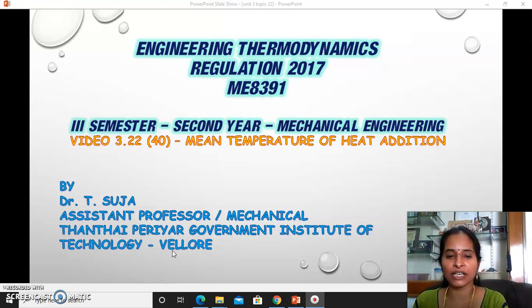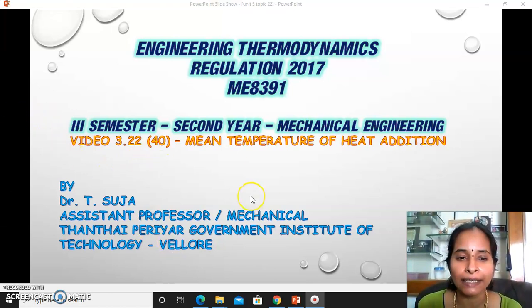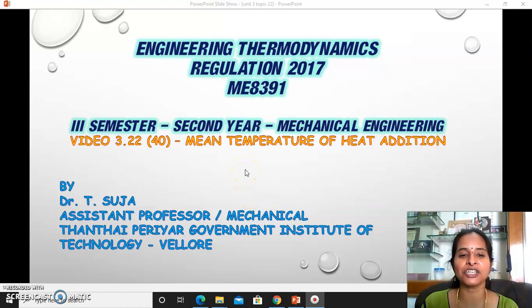We are now in the third unit on properties of pure substances, and the second session of the third unit is about the Rankine cycle and its improvisation methods.